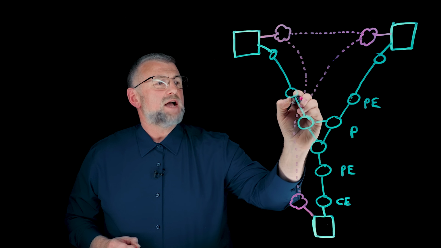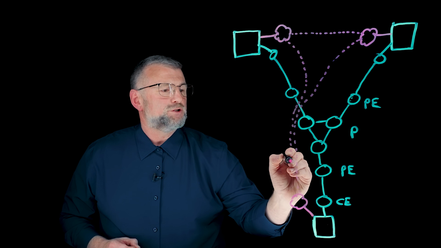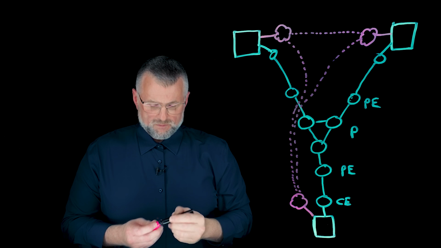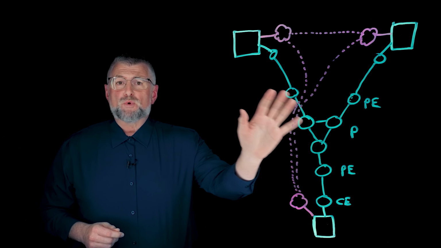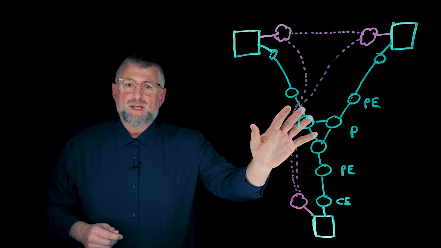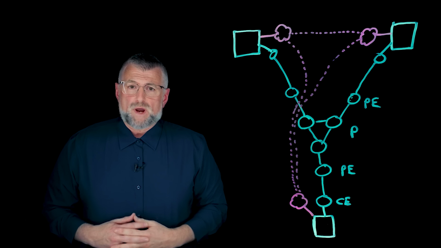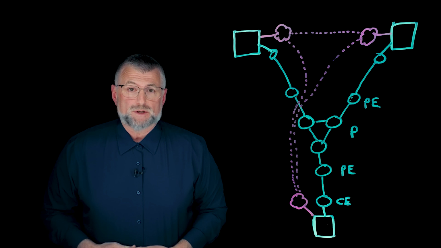Many OEMs actually created solutions to be able to leverage both of these paths. But this is the premise for what is now known today as a software-defined WAN solution, or SD-WAN for short.